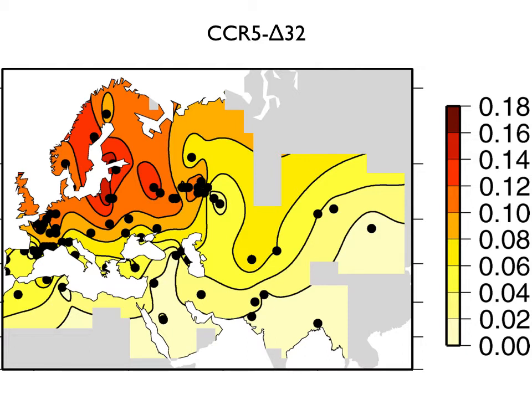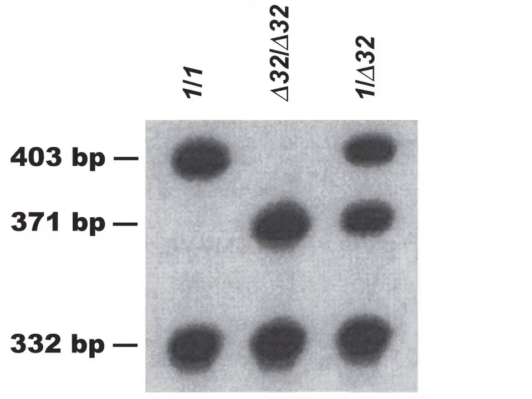If we look at a gel electrophoresis of individuals with the different genotypes, on the left, homozygous for the wild type, in the middle, heterozygous, and on the right, homozygous for the delta 32 allele, we can see that if you take this locus, the CCR5 gene, and cut it into two pieces, if you have the wild type, you're going to get a piece that is 332 bases long and 403 bases long.